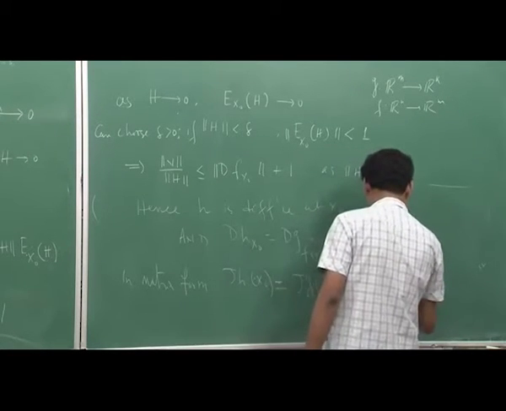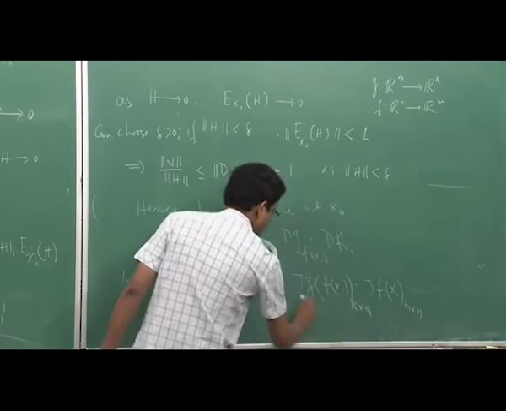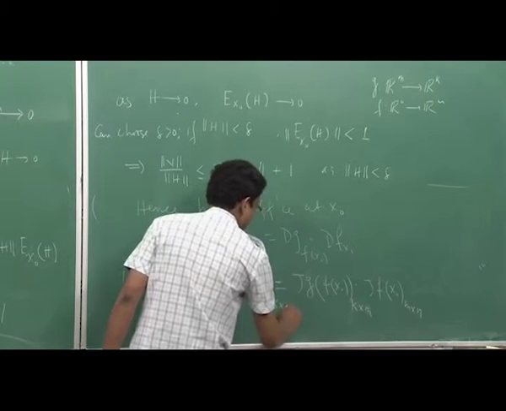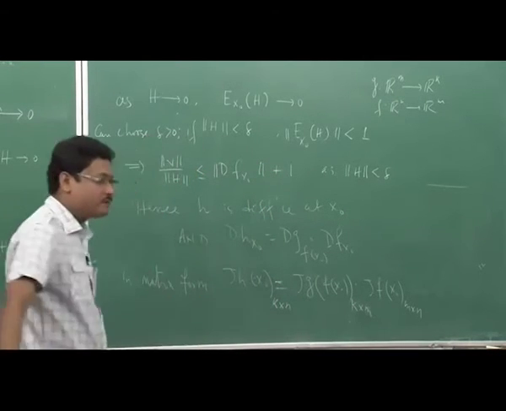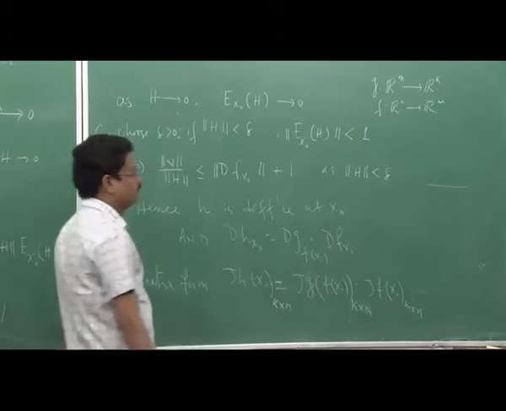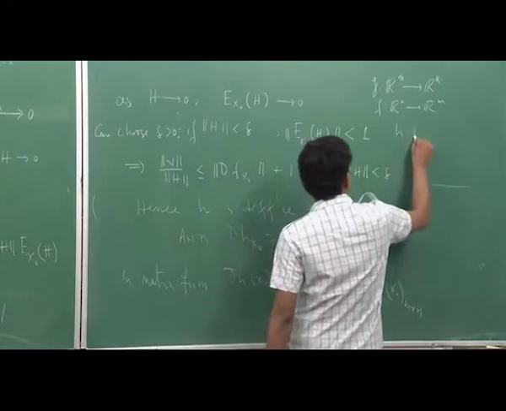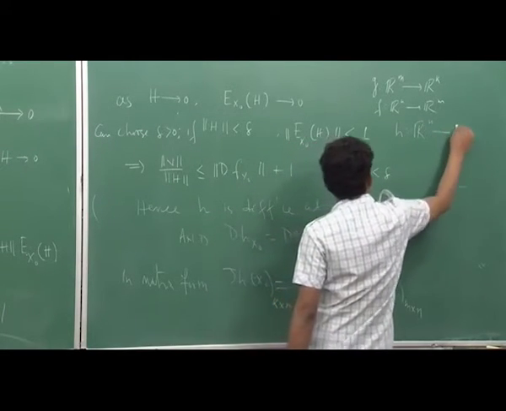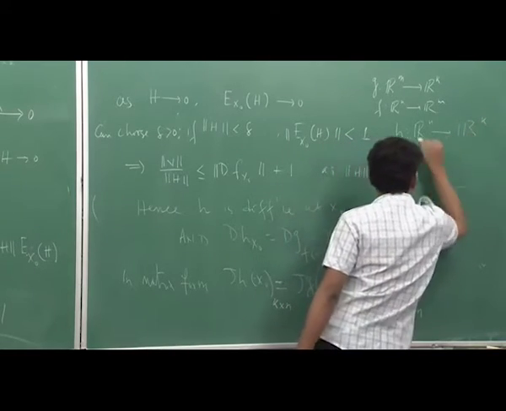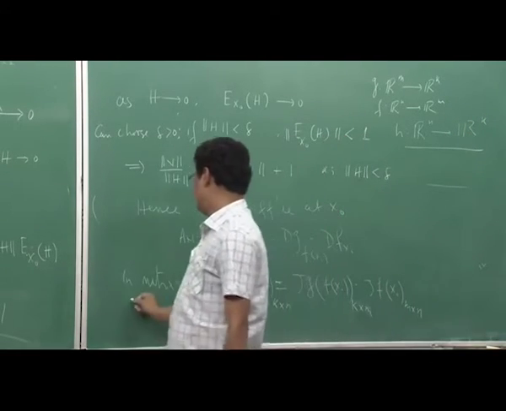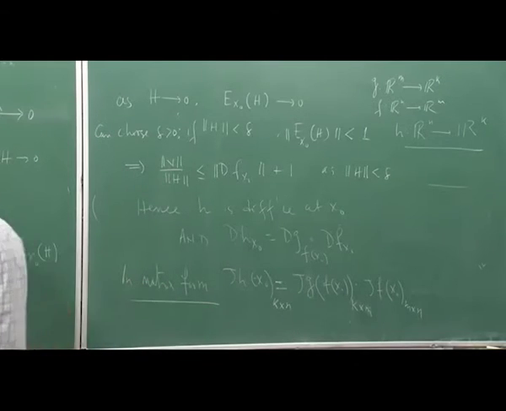So, the product matrix is K cross N. That is okay, because H is from Rn to Rk. Okay. That is the chain rule.